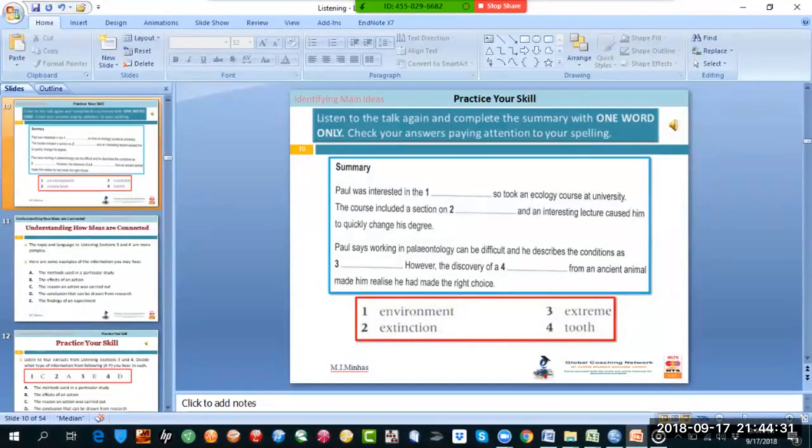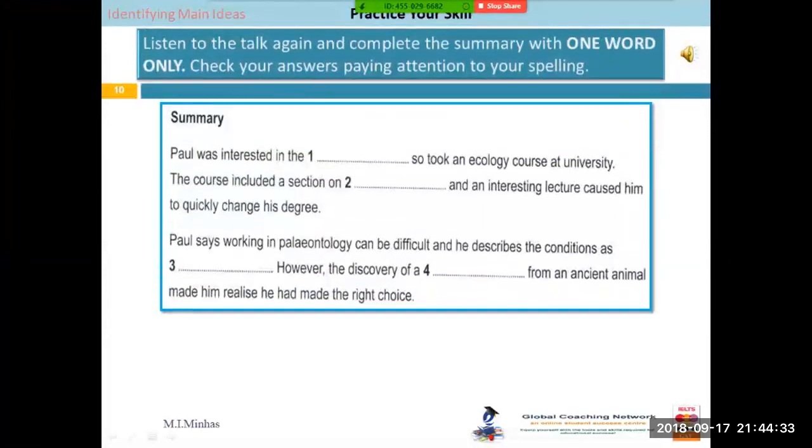So, our choice for that question, let me show you. This question asks, Paul says working in paleontology can be difficult, and he describes the conditions as dash. So far, up to the point we have heard, he only says that those conditions were extreme on that trip.